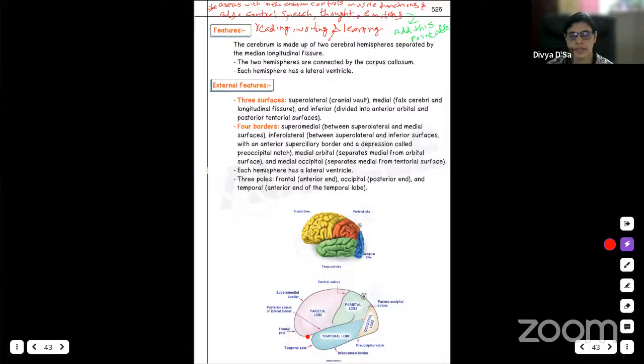And the medial orbital border and medial occipital border. These are the four borders present, and each hemisphere will have a ventricle. Now there are three poles. This is the frontal pole at the anterior end, the occipital pole at the posterior end, and there is a temporal pole here.